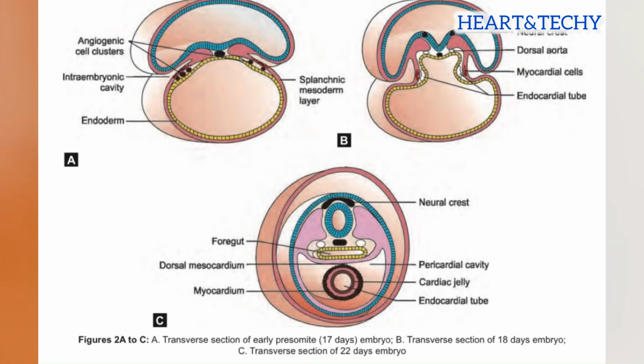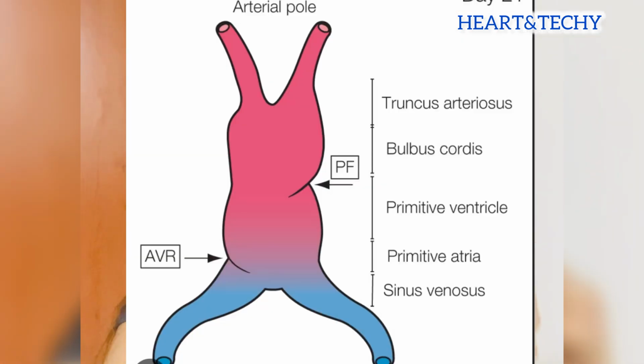As we know, the heart is a single tube structure in the development stage, and there won't be any separate right atrium, left atrium, right ventricle, or left ventricle. There won't be any separated chambers.